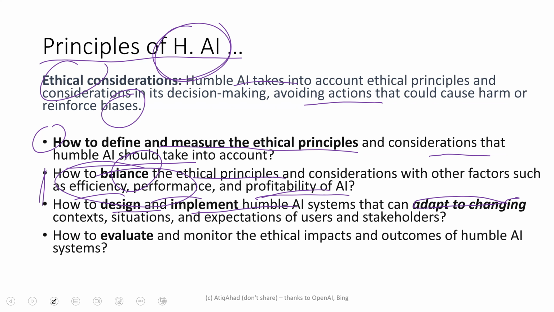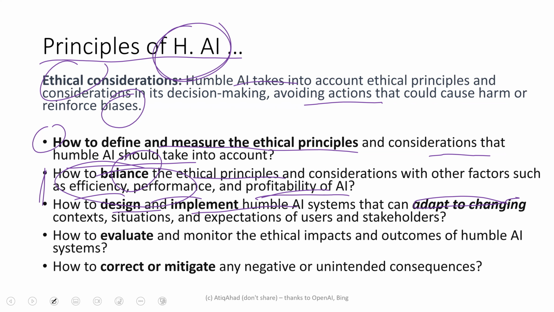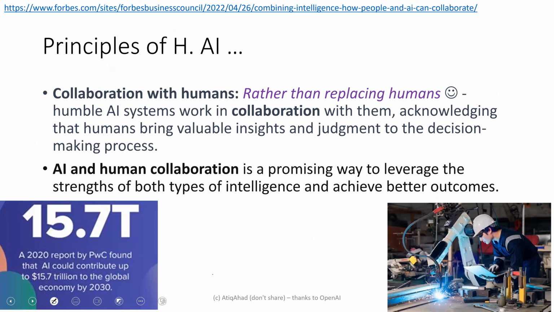And how to evaluate and monitor the ethical impacts and outcomes of humble AI systems, and again, how to correct or mitigate any negative or unintended consequences. It's very difficult.